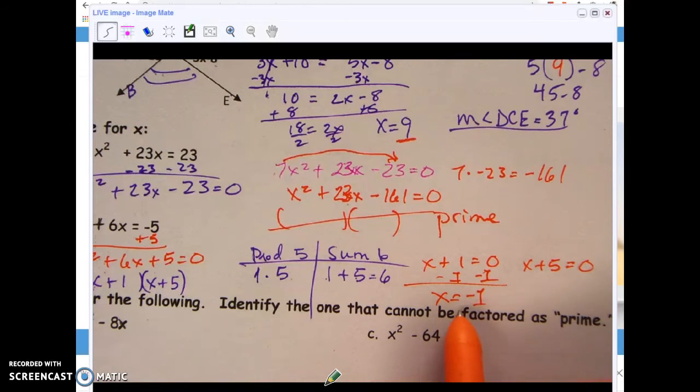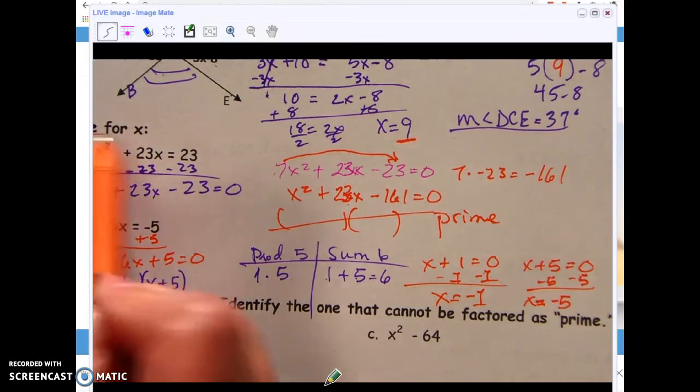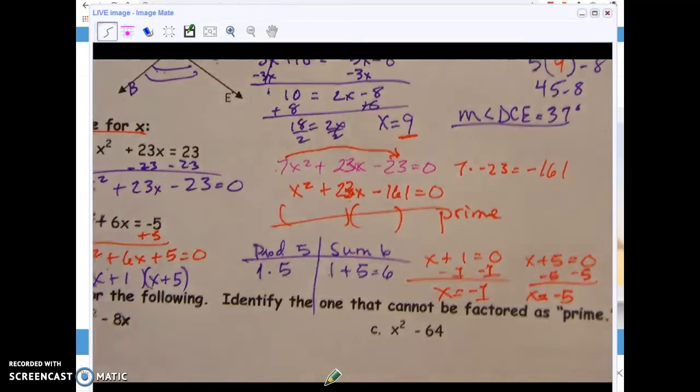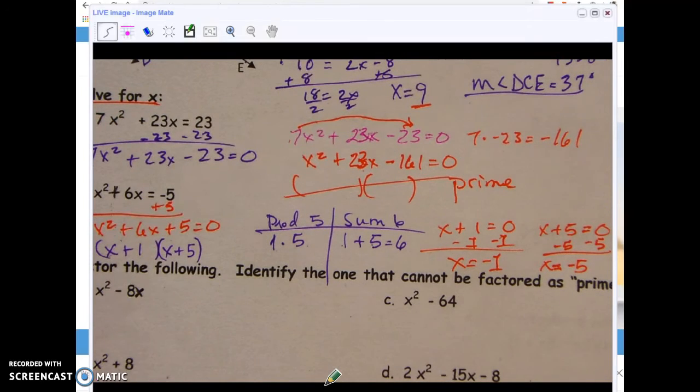This is a positive 1, the answer will be a negative 1, because we're subtracting it from both sides. So again, over here, x will equal negative 5. Okay, so that is solving for x, just like we did on the quiz that we just took a few days ago. Okay, now we're going to do the same thing for these, and when we're doing this, we're figuring out that there is one that can't be factored, and that will be prime.